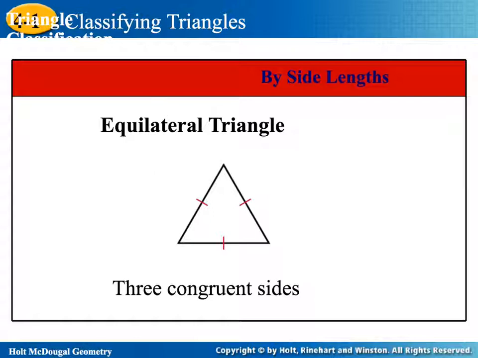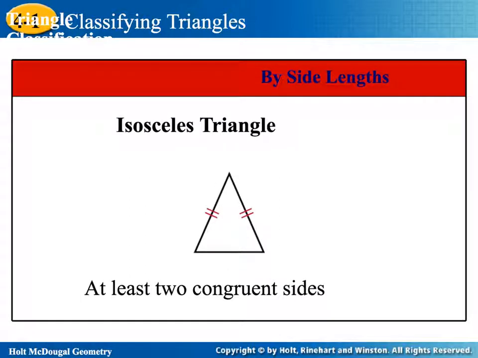All right, now we can classify them by their sides. If they have these tick marks, they mean they are all the same measure. That's what the tick marks mean. So the 3 congruent sides we call equilateral. Equi means equal, lateral means sides. Equal sides. Isosceles means there's at least 2 congruent sides.